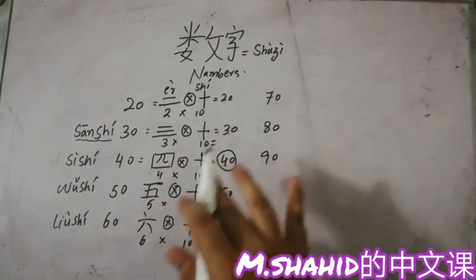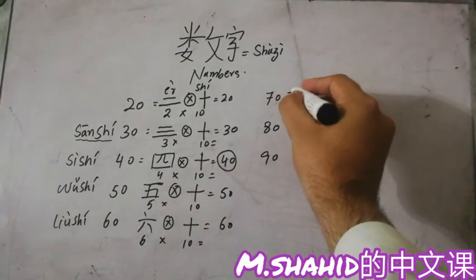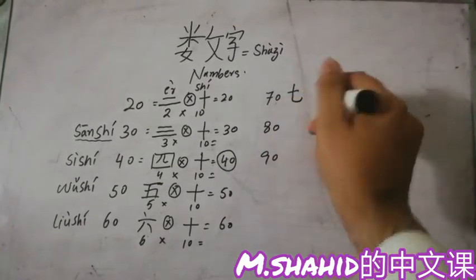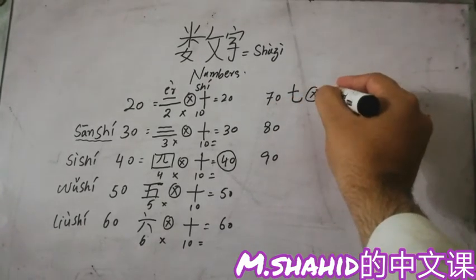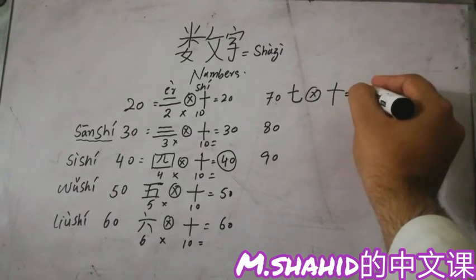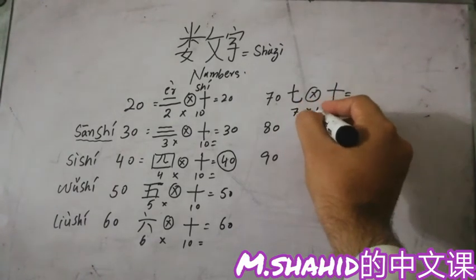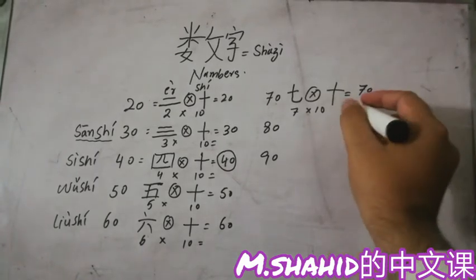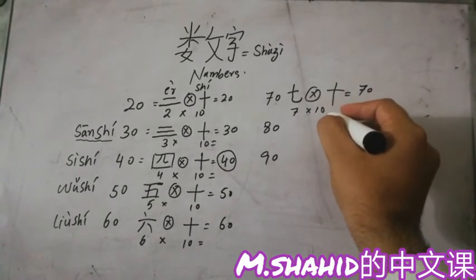It is the same. You just need to know the character for writing 7, and then multiply it with 10, and it will give you 70.